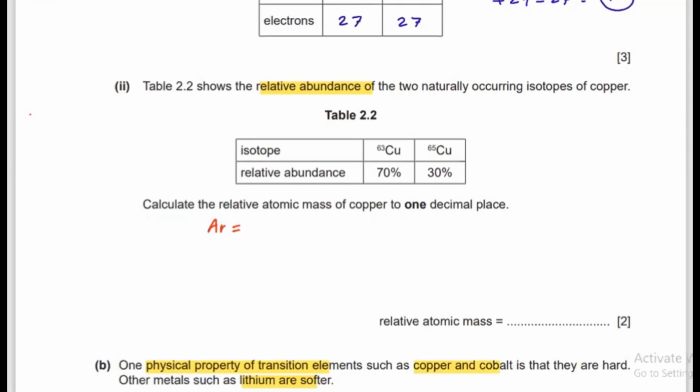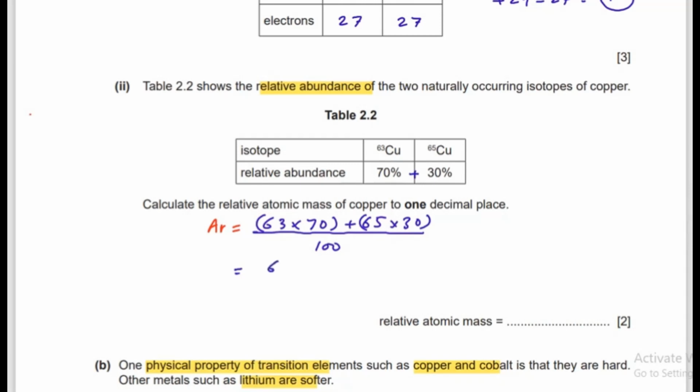So the first isotope has the mass 63 times abundance 70, plus the next isotope having 65 times 30, and the total abundance is 70 plus 30, 100. So 63 times 70, then 65 times 30, over 100.